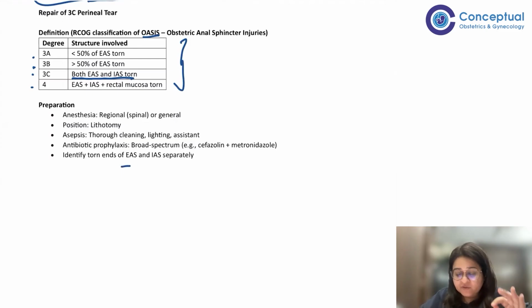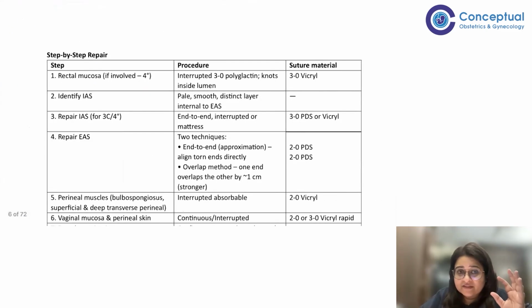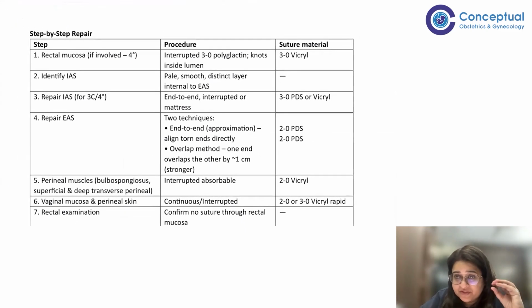Then you have to identify, importantly in 3C, the anal mucosa first of all, then the internal anal sphincter, then the external anal sphincter. This is not a 4th degree, but if it's a 4th degree, you have to identify the rectal mucosa and suture this with interrupted sutures. But here we're talking about 3C.